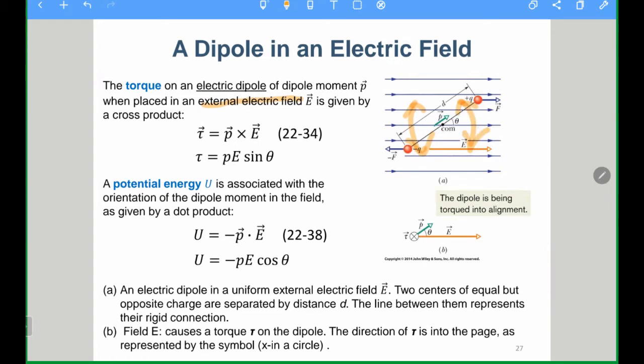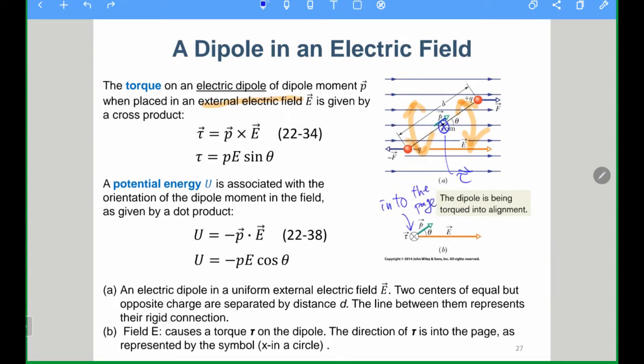This is the direction of the torque. This cross means into the page.